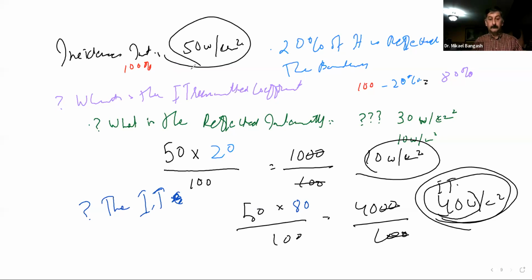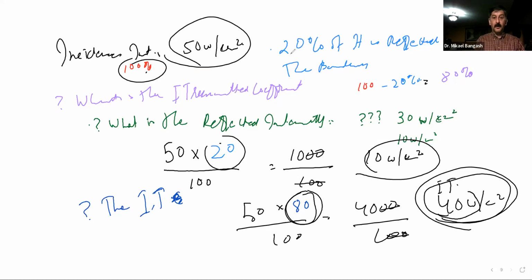You add the percentages, you get 100%. Or you can say the difference of this to this gives you this.